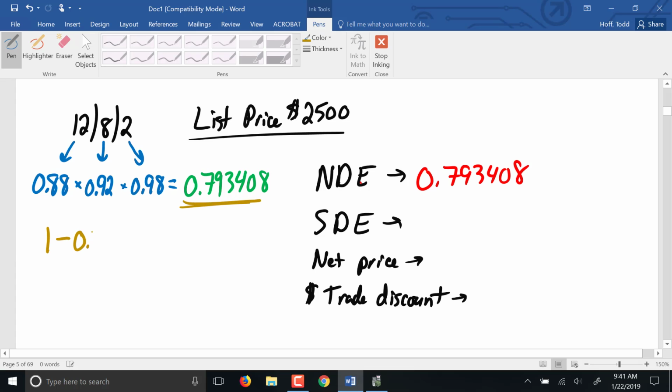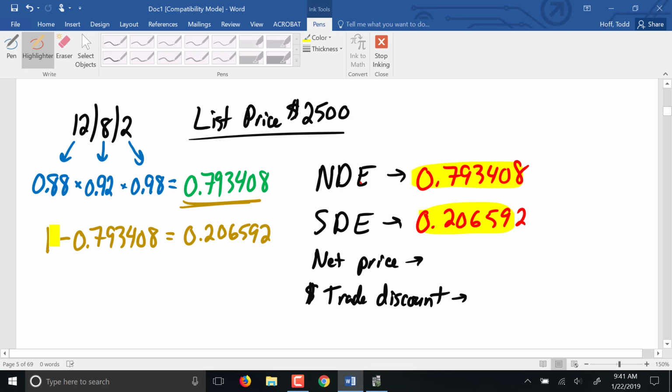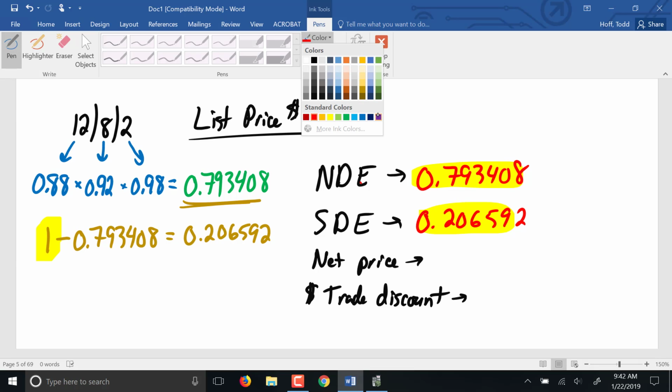So 1 minus 0.793408 is going to be 0.206592. So our single discount equivalent is 0.206592. Those two values, by the way, if you ever want to double check, should always add up to 1. Of course, we used 1 to subtract to get that. They better add up.